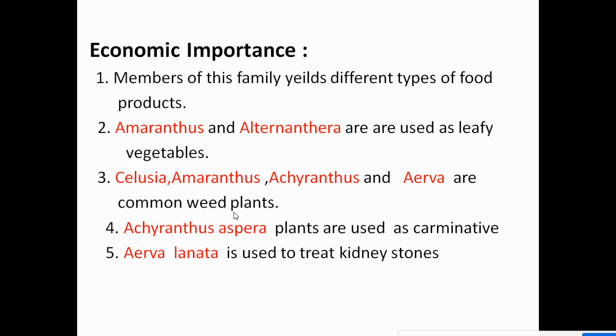Though they are weeds, the flowers and leaves are variegated and attractive, and they are grown as ornamental plants. Achyranthes aspera is a carminative, and Aerva lanata is used in the treatment of the kidneys and stomach.